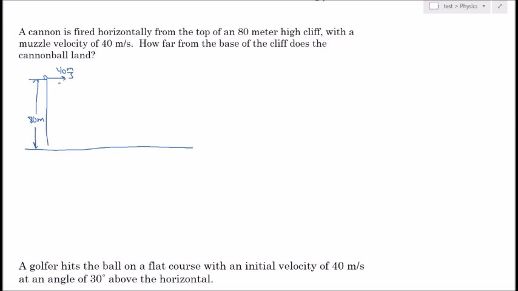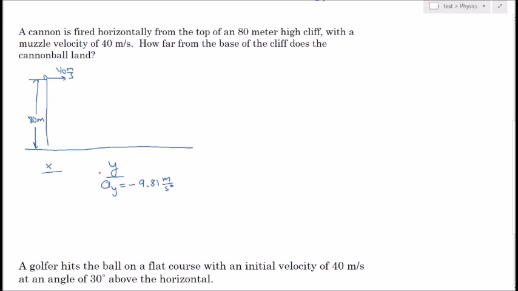And we're always going to begin this problem by listing off all of the variables that we know. We always know that AY is negative 9.81 meters per second squared. If you're taking this in a college course or an AP course, a lot of those courses will allow you to use negative 10 instead of negative 9.8. That's fine. It's not going to affect your answer all that much.